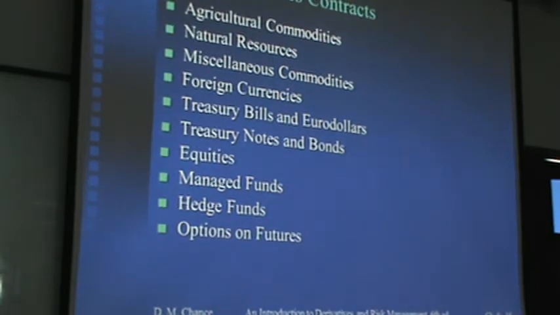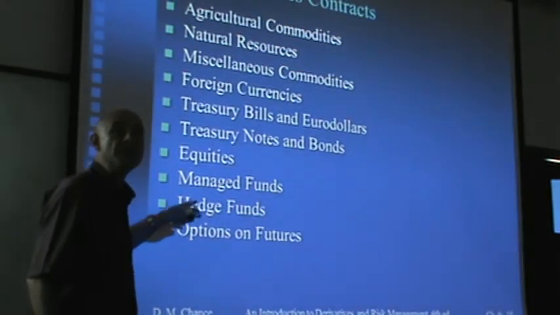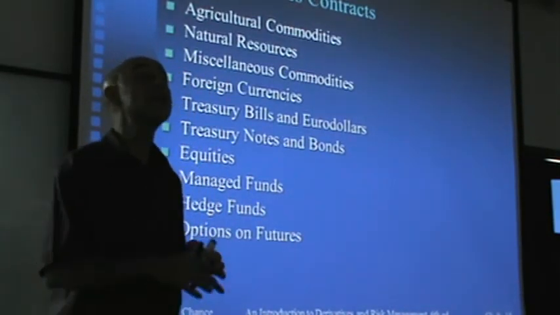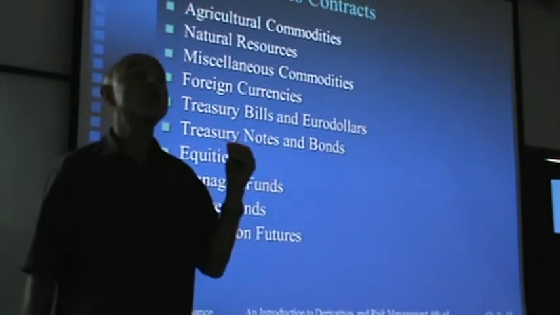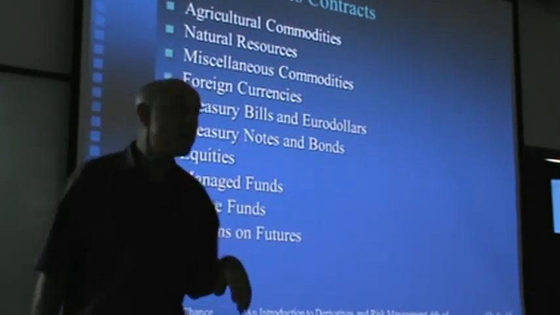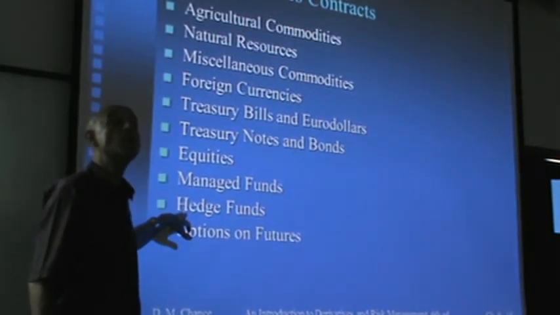Let's see two more. Let's do hedge funds. The main idea of a hedge fund is that it is an investment fund which is unregulated. It has pretty much no regulation. Participants in hedge funds must be what we call qualified.